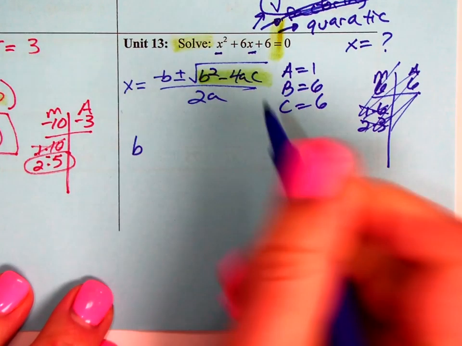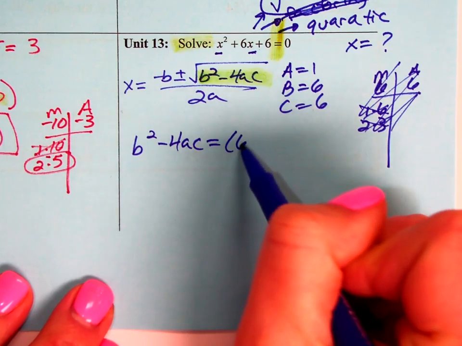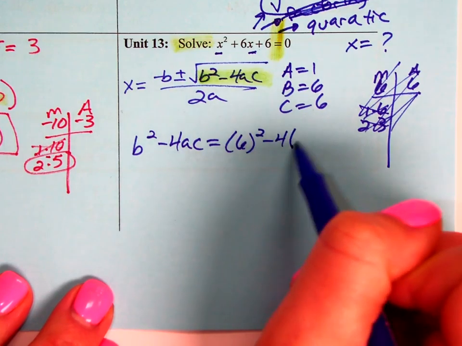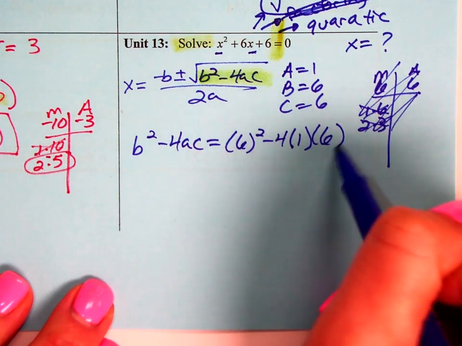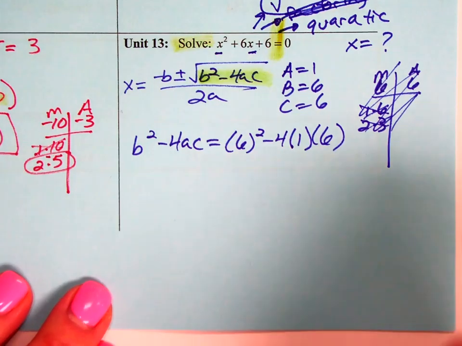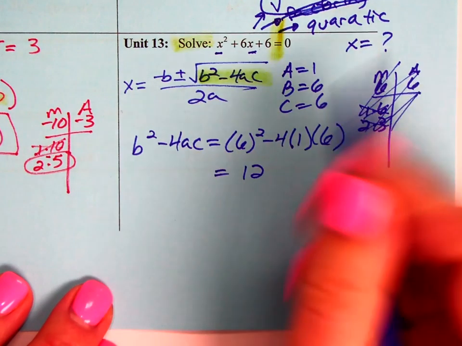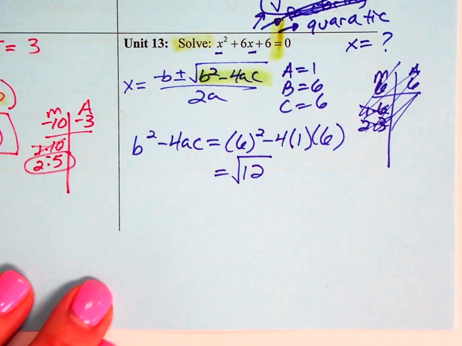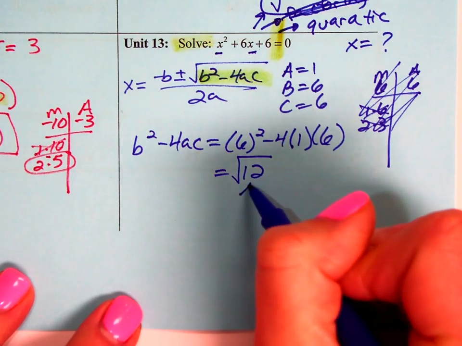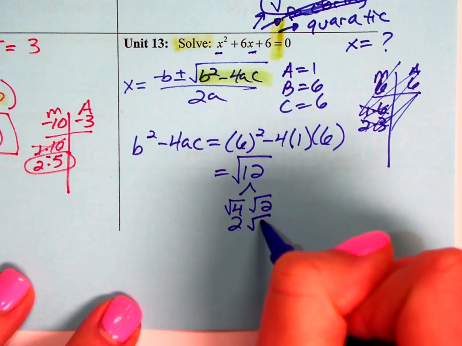And now I'm going to do b squared minus 4ac, which would be 6 squared minus 4 times a is 1 times c is 6. So we're going to go ahead and type that into our calculators and get 12. Now this, remember, is inside the square root, so now I need to square root this. Well, there is no square root of 12, but it does break up into 4 and 3, which would give me 2 square root 3.